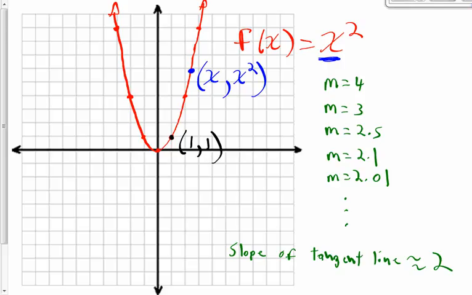So here we go. What I want to do is find the slope of the secant line. I'm going to call it m_sec.